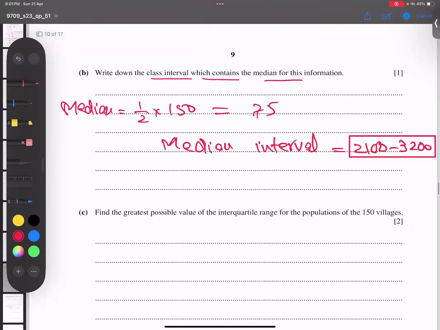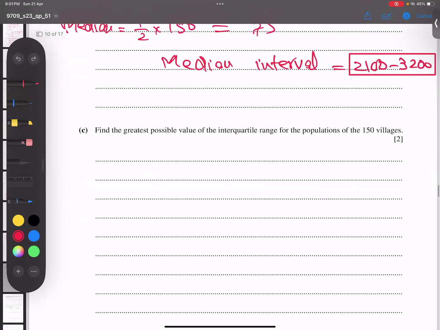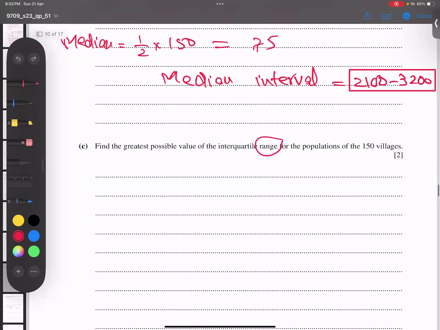So let's go for the next part. Greatest possible value of the interquartile range, and what is the total, 150? What is the interquartile formula? All of you know it. The upper quartile formula is 3/4 of n. N is what? 150, sorry. So if I type in the calculator, students, 3/4 of 150, I'm getting 112.5.